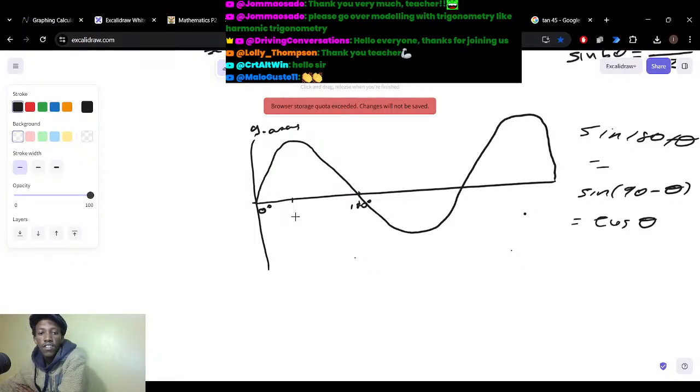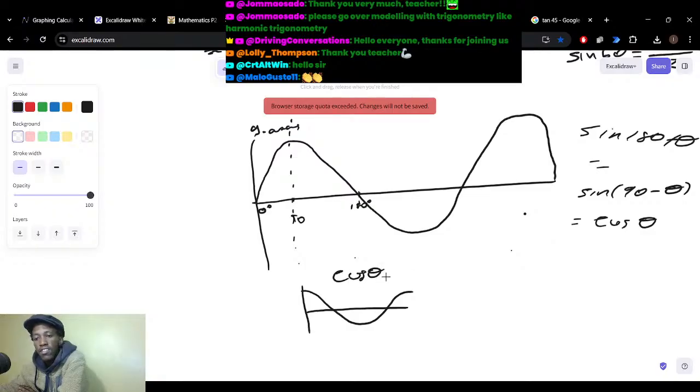So this is 90. Let's shift your y-axis here to 90. Now this new graph is something like this. But now you see this graph is of cos theta. Hence sine 90 minus theta is equal to cos theta.